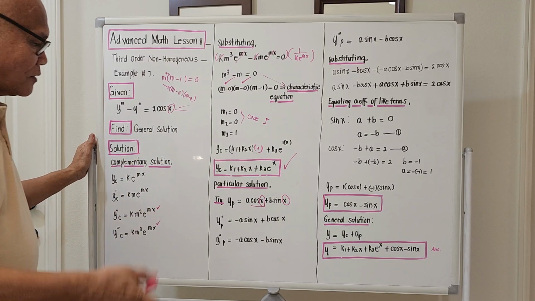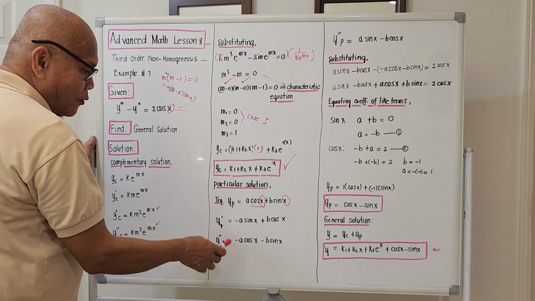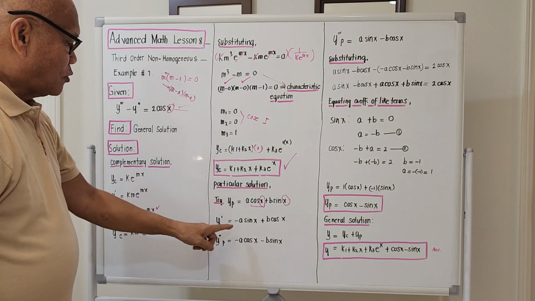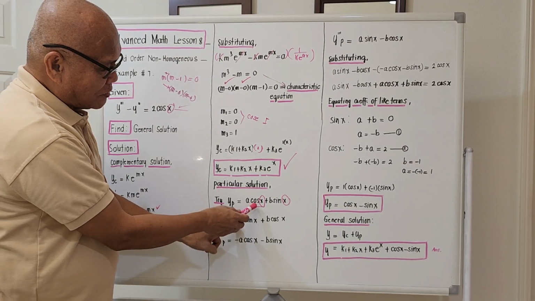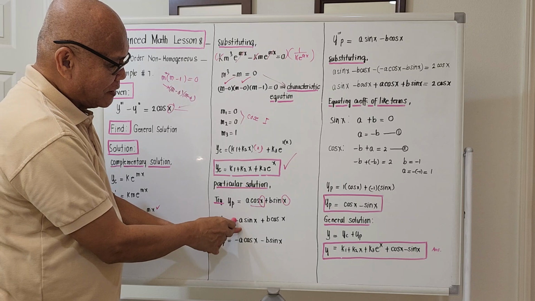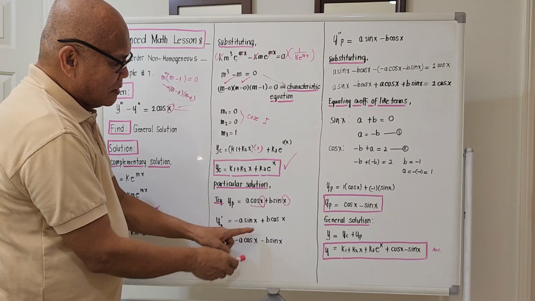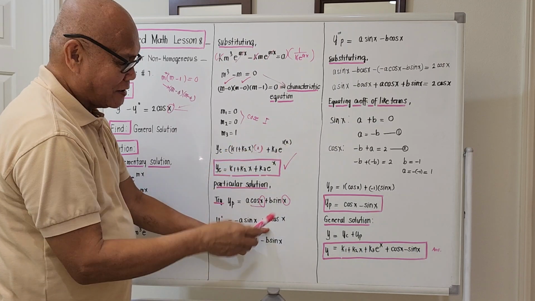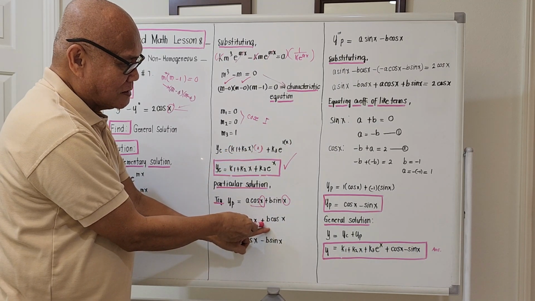Okay, taking the first derivative, y prime of p will be negative a sine of x plus b cosine of x. This will become negative because this is cosine. We take the derivative, it will be negative sign, so this should be negative a sine of x plus b cosine of x. The derivative of sine is plus cosine, so the sign of this is still plus.